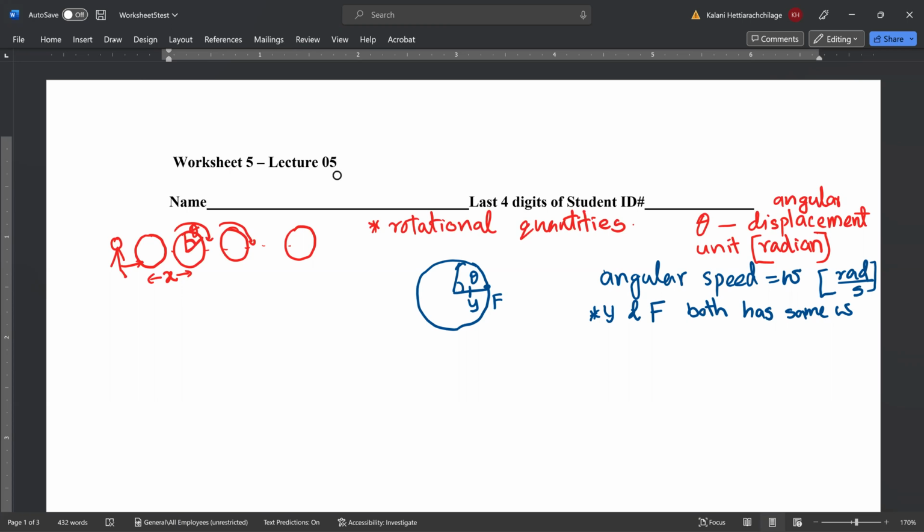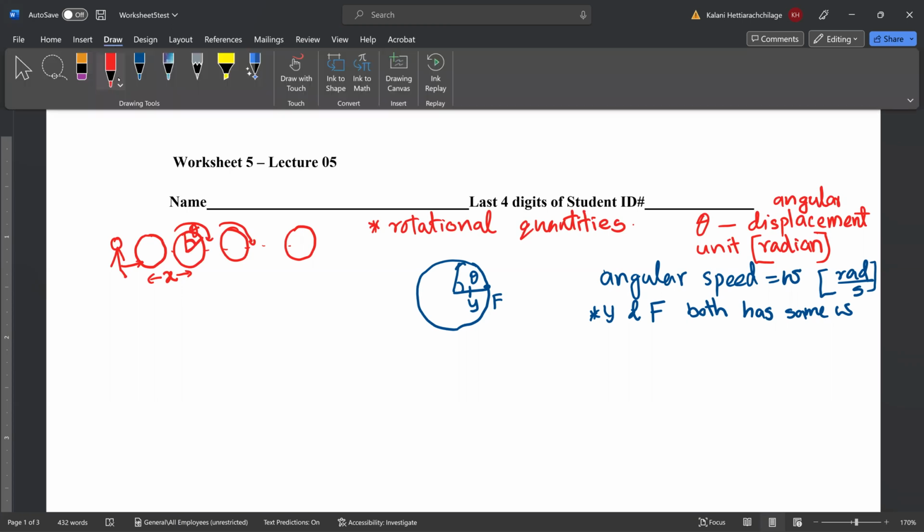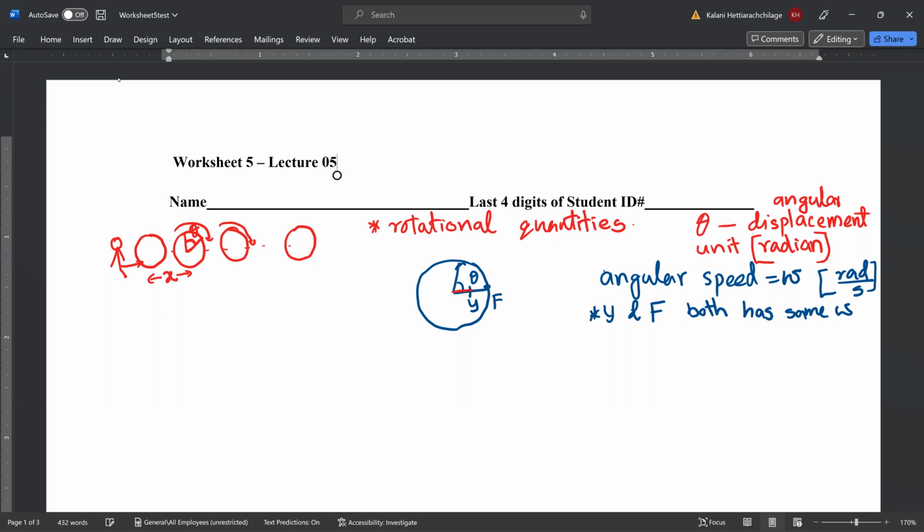But the important thing is you and your friend have different translational speeds. You have a distance r to the center. This is the center, and your friend has this whole distance.